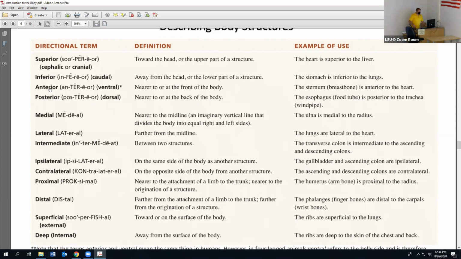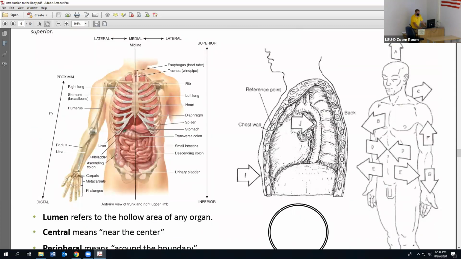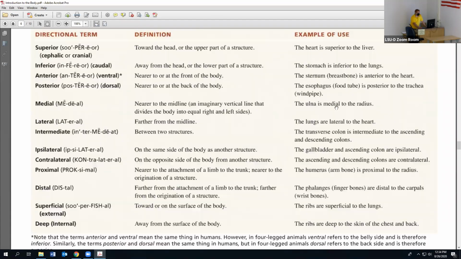Also dorsal, like the fin of a shark that sticks out of the water when it's chasing you down. Hopefully it never happens to you. That's the dorsal fin of a shark. It's on its back. So which arrow would it be, B or C, for anterior? B is anterior, C is posterior.